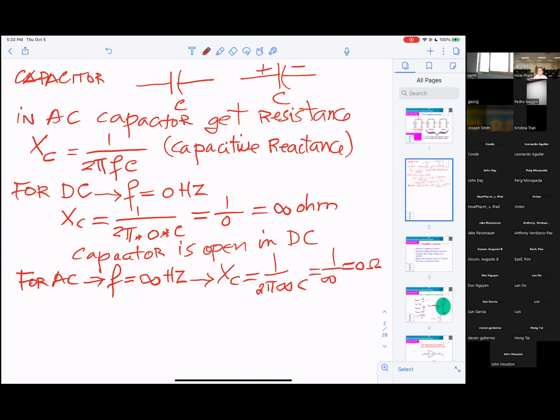When you get 0 ohm, that means no resistance. So that's why we can say capacitor is shorted in AC.